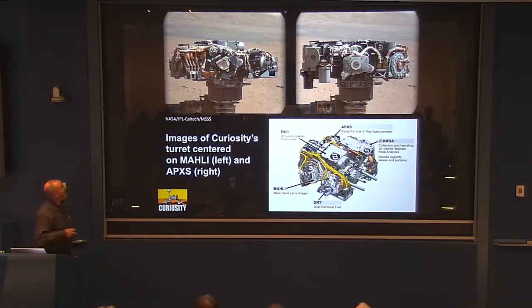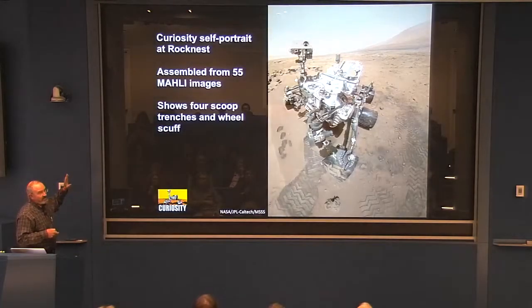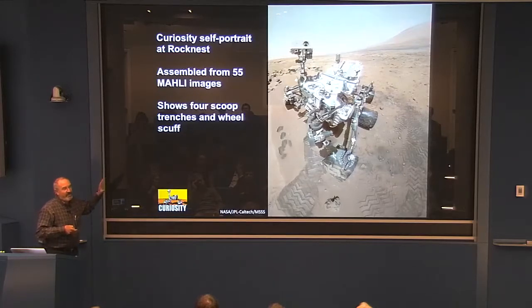So here's some portraits taken by the camera showing the arm with the instruments at the end of the arm, the MAHLI camera, the drill, the APXS. Here's Curiosity's self-portrait, which was taken several months ago. And the self-portrait is comprised of 55 individual images taken with this hand lens, basically a geologist's hand lens.